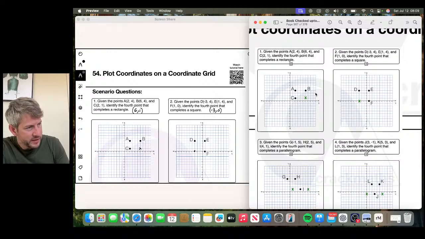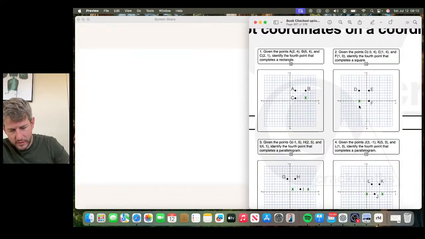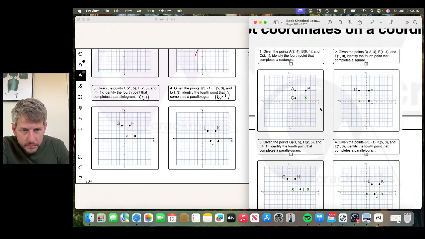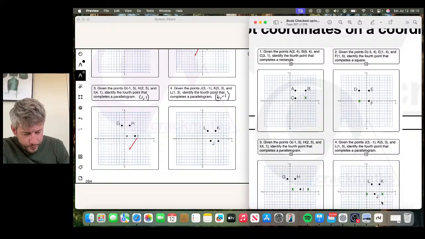I just expected the point to be plotted. This agrees. Yeah, this one agrees here. And I've put the 2 X's there because you could have either one. So that one is fine.